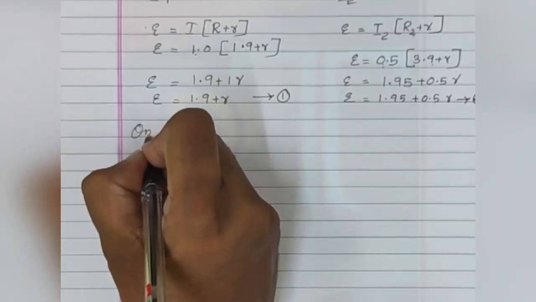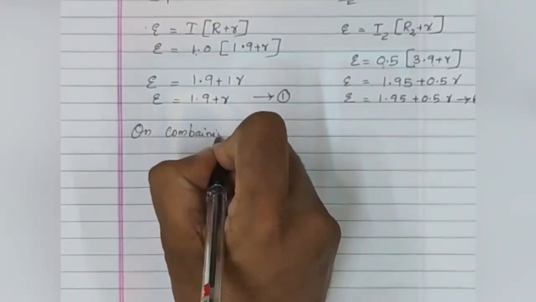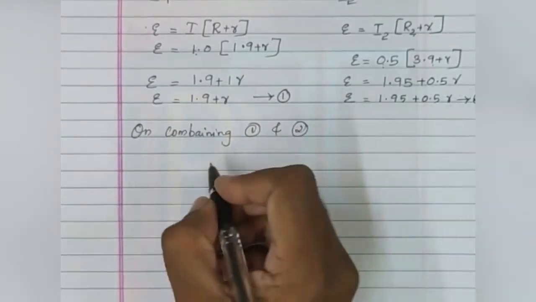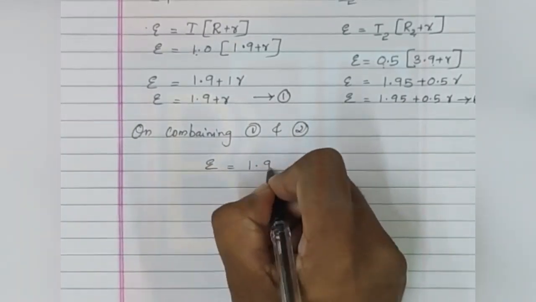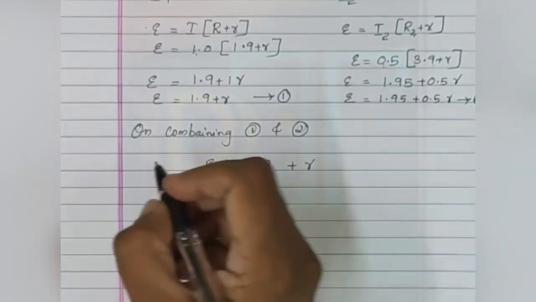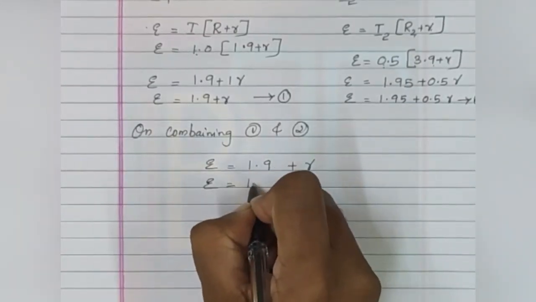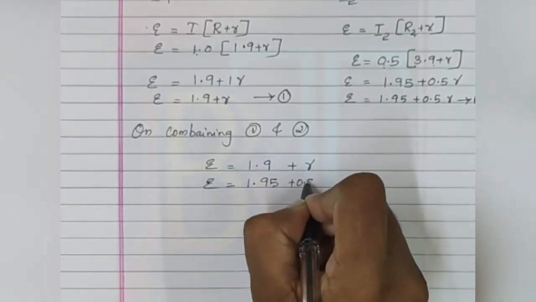On combining 1 and 2, we can write E is equal to 1.9 plus r and E is equal to 1.95 plus 0.5 r.